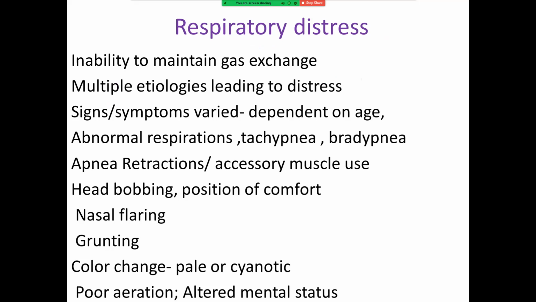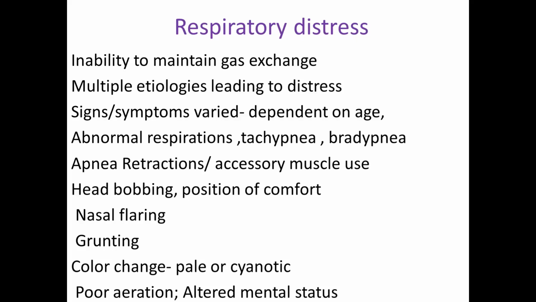Excellent, thank you. Okay, so just a review for respiratory distress: inability to maintain gas exchange. There are multiple etiologies leading to distress. Signs and symptoms vary depending on the age. You'll see abnormal respirations, tachypnea, bradypnea, apnea, retractions, accessory muscle use, and head bobbing.